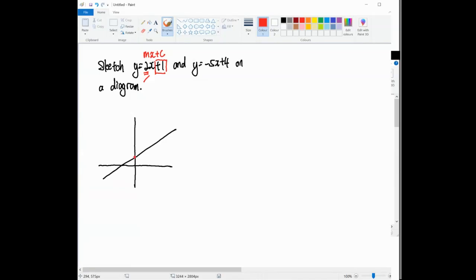So the y-intercept is 1. We must also find the x-intercept. In order to find the x-intercept, we must let 2x plus 1 equal to 0. So our x is equal to negative 1 over 2. So this point is negative half.